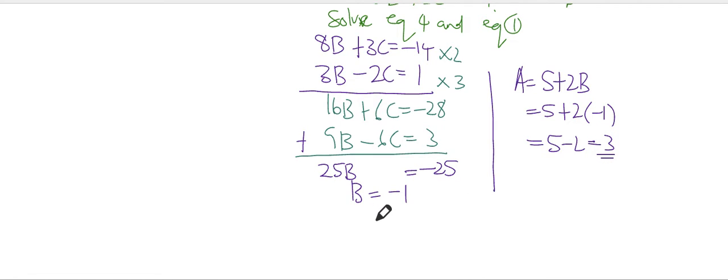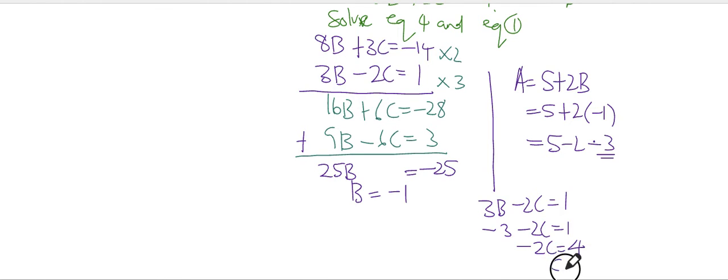From here we get B equals negative 1, A equals 3. Just pick one equation: 3B minus 2C equals 1. So negative 3 minus 2C equals positive 1. Negative 2C equals 1 plus 3, which is 4. So C equals negative 2.